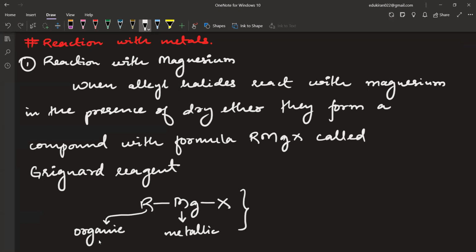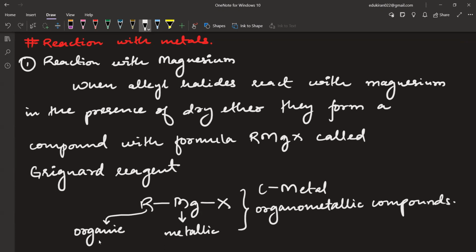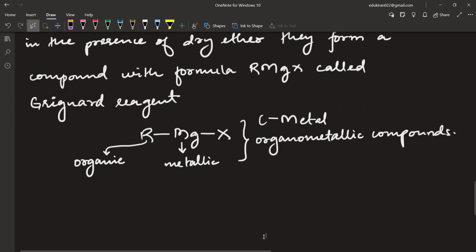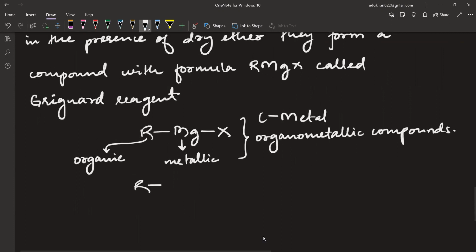And the compounds which have carbon and metal bond, these type of compounds are known as organometallic compounds. So if you look at the general reaction of RX, any haloalkane with magnesium in the presence of dry ether, it is going to give me RMgX.